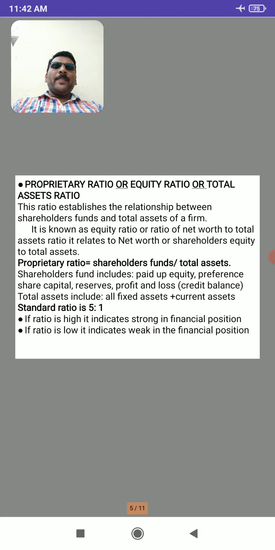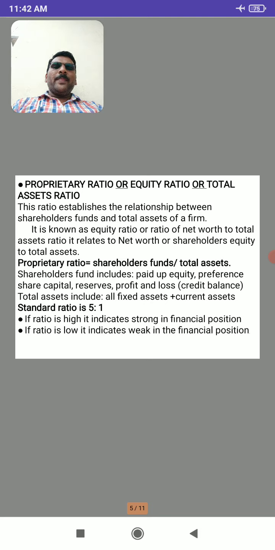So here we will find the shareholders' fund by calculating the sum total of equity share capital, that is 6 lakh, preference share capital 3 lakh, then reserves and surplus, which is 1 lakh 50,000. By adding these three important terms, we get 10 lakh 50,000 as shareholders' fund.